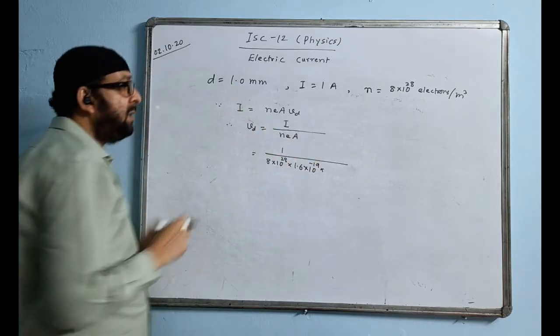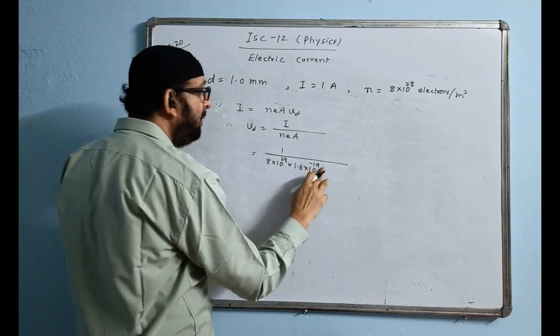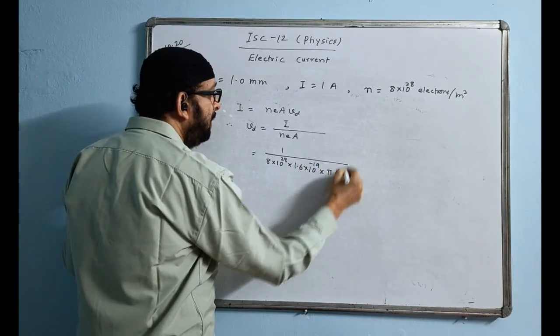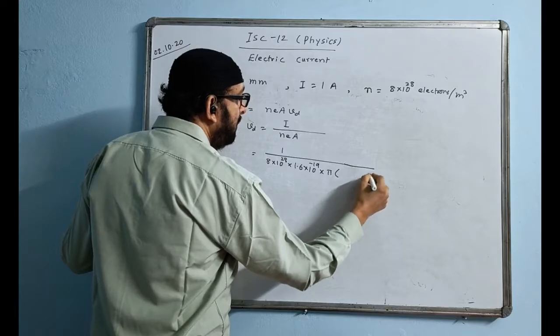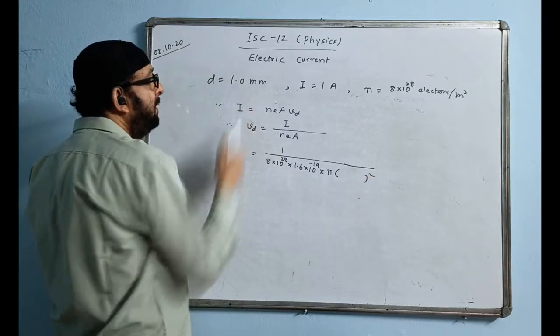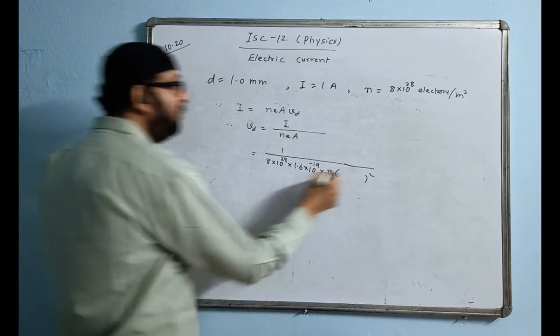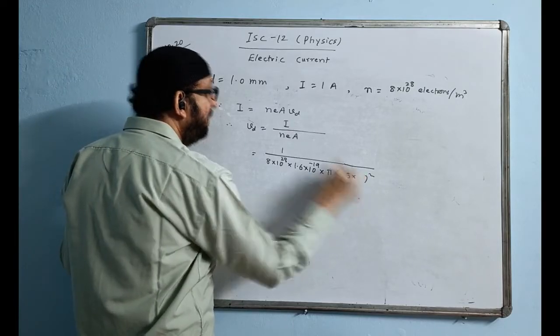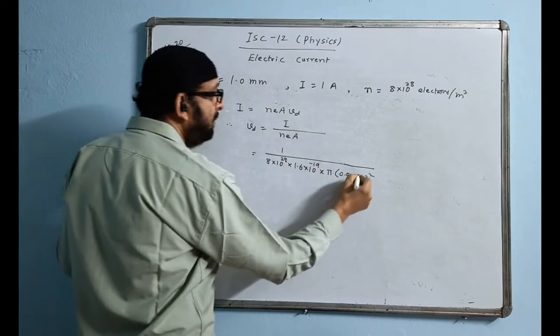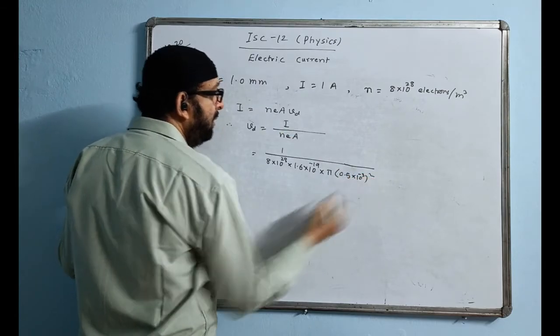And area: since diameter is given, we change it into area. Area will be pi r square. Radius: 1 millimeter is the diameter, so the radius will be half of it, that is 0.5. We write 0.5, but millimeter must be changed into meter, that means 10 to the power of minus 3.